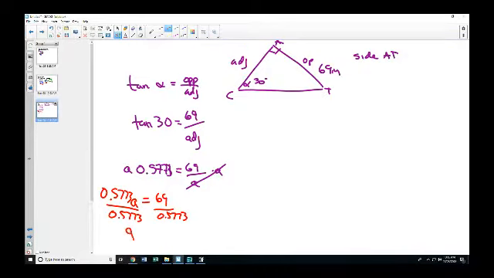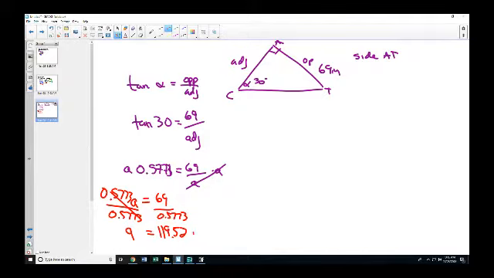So A is 119.52. There you go. 119.52, right? And meters.